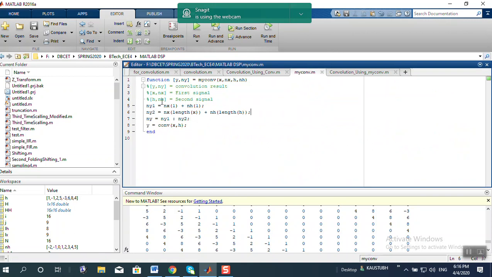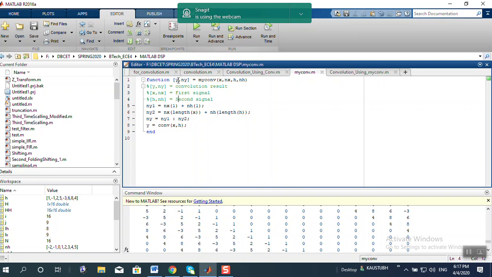To start designing a function, built-in or user-defined, the first thing you have to write is the keyword function. Then within square brackets, if there is more than one, the output arguments. If it is single, you need not provide the square bracket. How many output arguments you need to get?